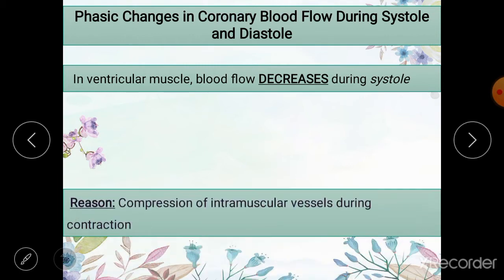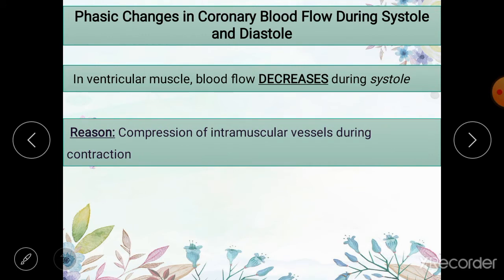Now, what can be the reason for this? Every time the ventricle contracts, it squeezes and compresses the intramuscular arteries. These are the arteries which I showed you in the previous slide. These were present between the epicardial arteries and the subendocardial arteries, within the ventricular wall.